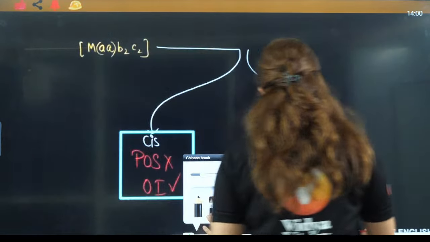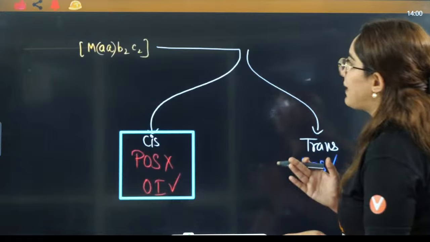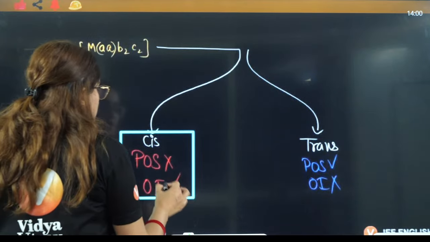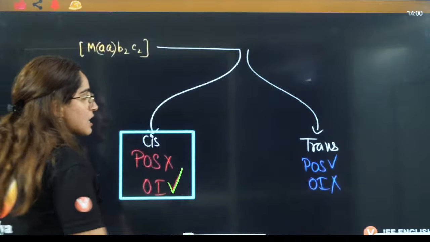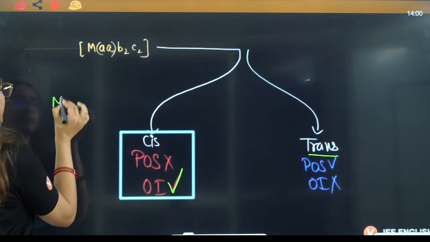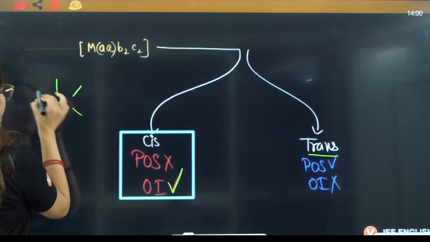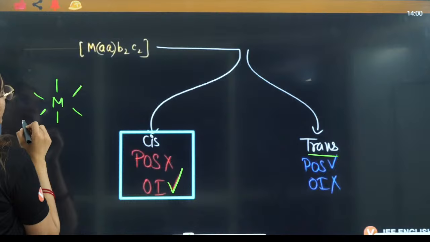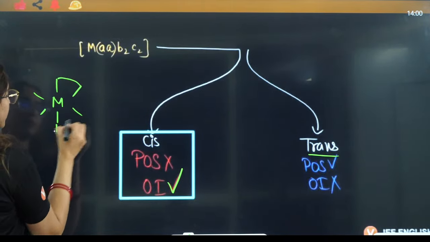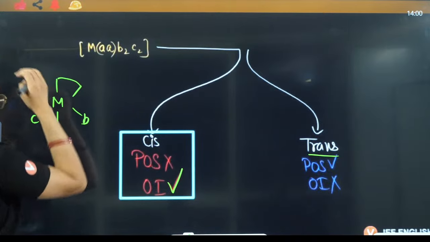Then if I talk about MAAB2C2, right? In this case, cis will show optical isomer, trans will not show optical isomer. For example, you have something like this: 1, 2, 3, 4, 5, 6. Okay. In this case, AA you have, this is cis means B and B are next to each other, C and C are next to each other.